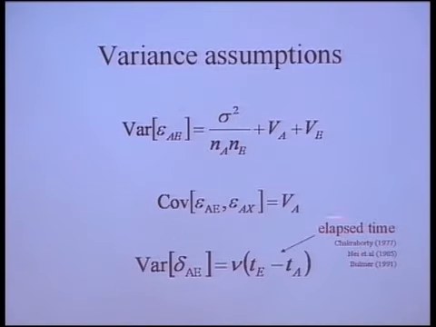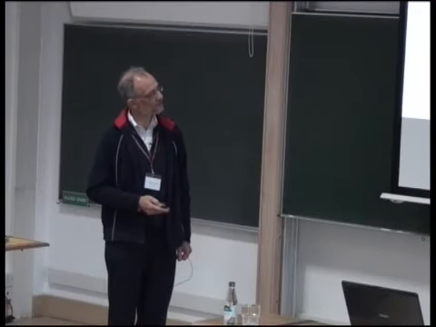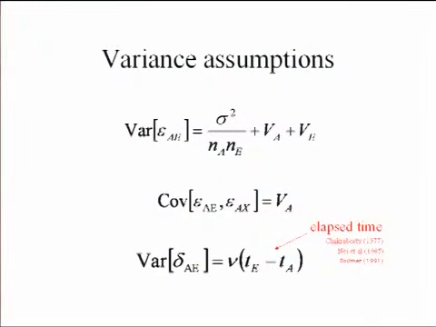And then there's one other thing which is quite important. This is the random effects part of the model. We're assuming that these deltas actually are proportional to the elapsed time. So variance is proportional to elapsed time. This is quite a common thing that's been discussed in the literature. So it goes way back to Chakraborty and others, but more recently been used by these authors.